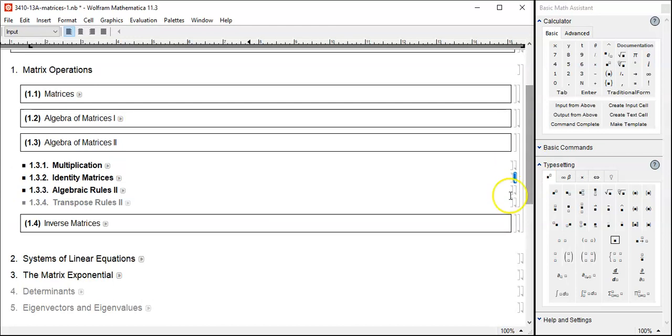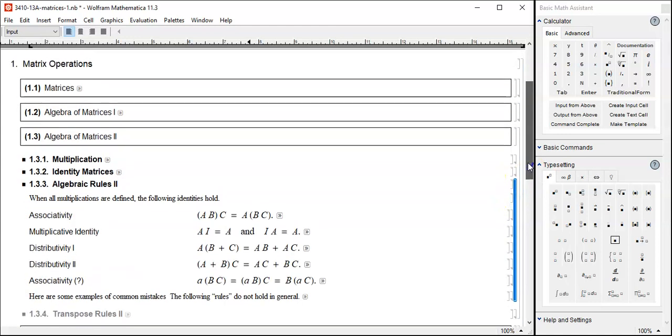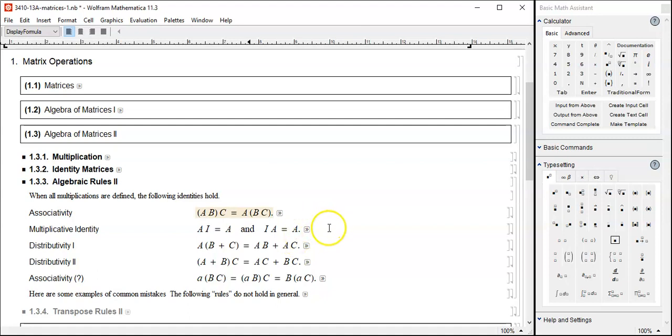Okay, now we got the third algebraic operation done. So what about the algebraic rules associated to matrix multiplication? Here we go. They all make sense except one. Associativity, okay, that makes sense. Multiplicative identity, A times I is itself, I times A is itself, yes. Distributivity, all right. And I don't know whether this can be called associativity or commutativity or what.